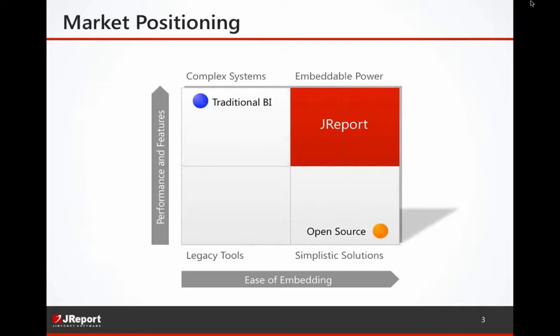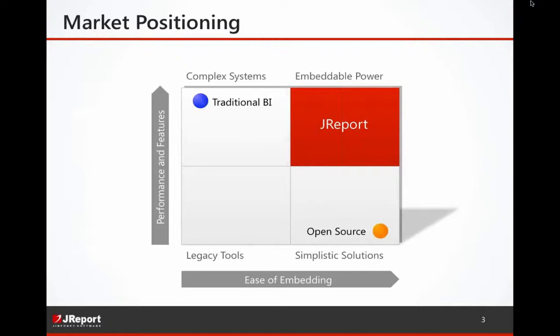All right, so let's talk about some of the key solution areas of JReport. The first one is embedded BI, and of course I'll drill into that a little bit more. The second one is the wide array of different customizable dashboards and reports that we let you build on your own to be able to white label into your own applications. And then we have analytics, so we have a full suite of analytics capabilities.